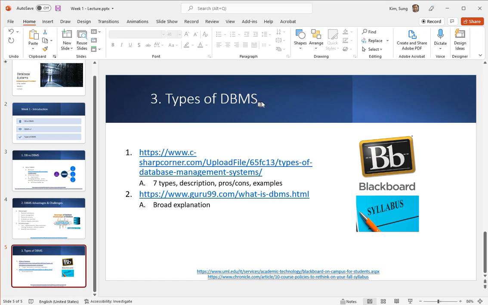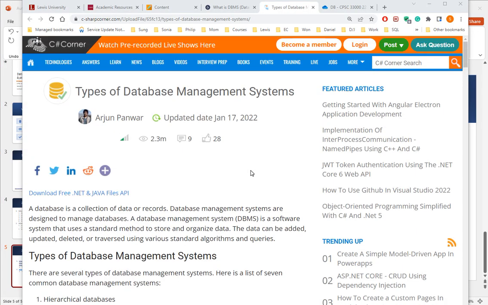In terms of types of database management systems, there are all kinds of them out there. I gave you two links here for you to take a look at. So let me bring one of them here. I'll be right back. This is the first link that I posted for you.